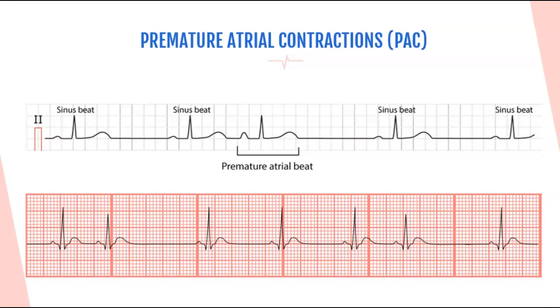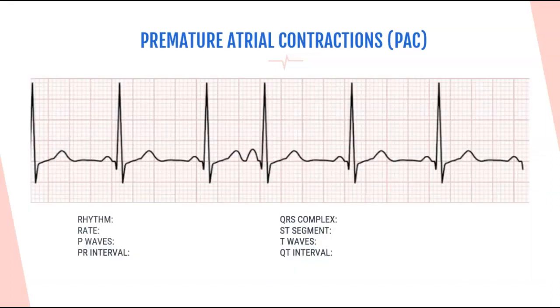So let's go ahead and interpret a strip. We can see that the rhythm is irregular because the R to R intervals are not evenly spaced throughout the strip. The rate is 60 beats per minute because there are 6 R waves within our 6-second strip.